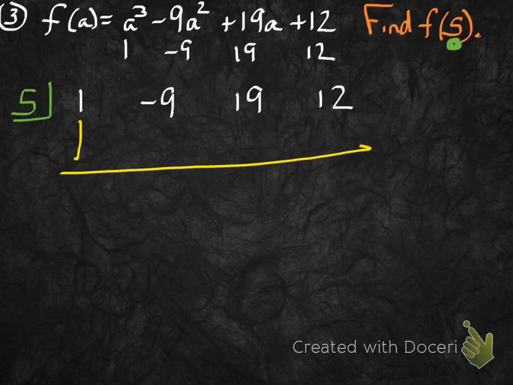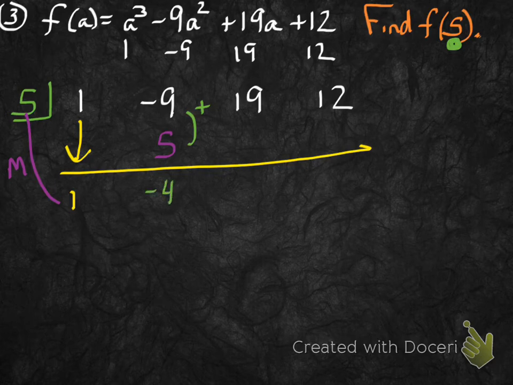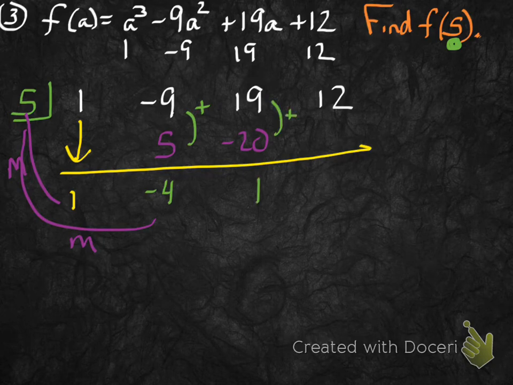So, drop the first, multiply, giving us 1 times 5, which is 5, add, giving us -9 plus 5 is -4, multiply, giving us -20, add, giving us 1, multiply, giving us 5, and then adding, giving us 17.